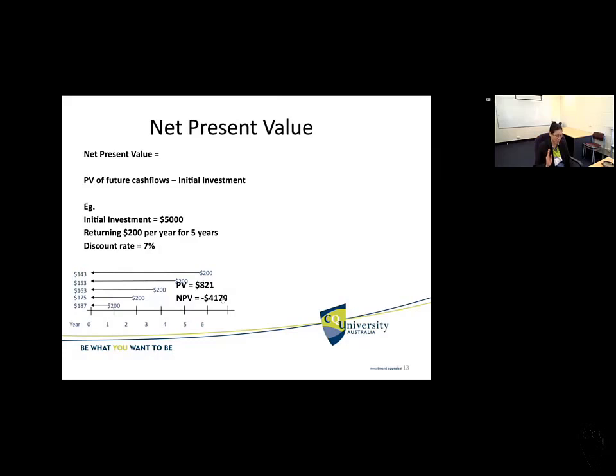So remember, the higher the discount rate that you use, the lower your net present value will be, and vice versa. There's an inverse relationship between discount rate and net present value. So you can see that there's room for manipulation with this technique.